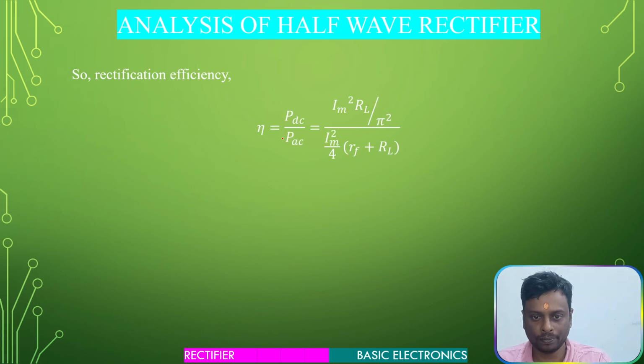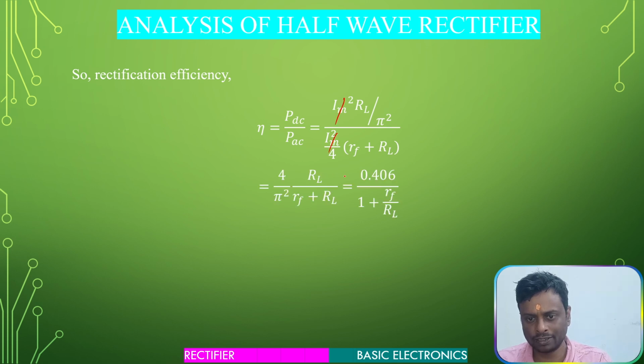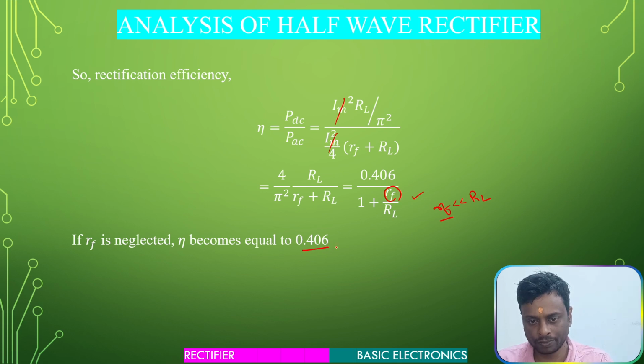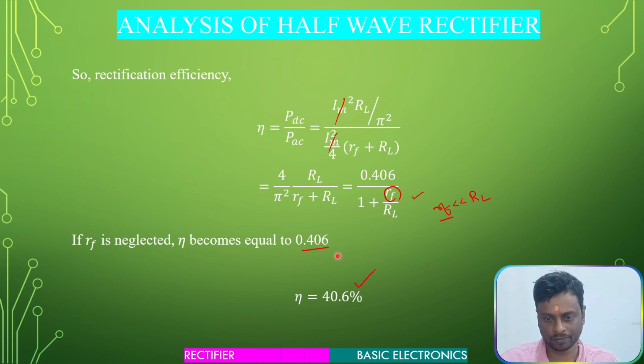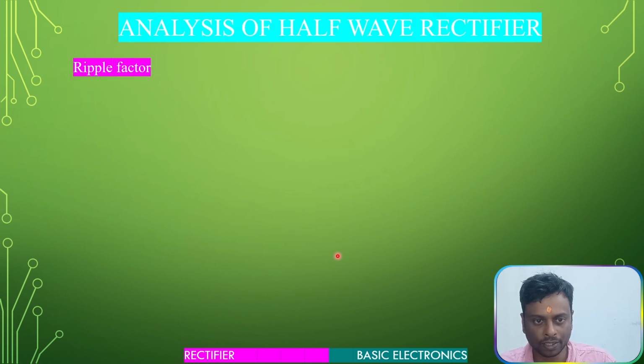The efficiency is then 0.406 divided by (1 plus R f by R L). In this case R f is very small compared to R L, so R f can be neglected. So the efficiency is 0.406, that is 40.6%.